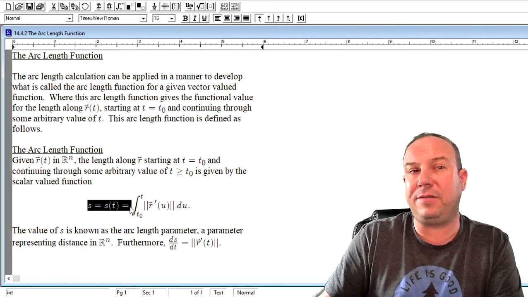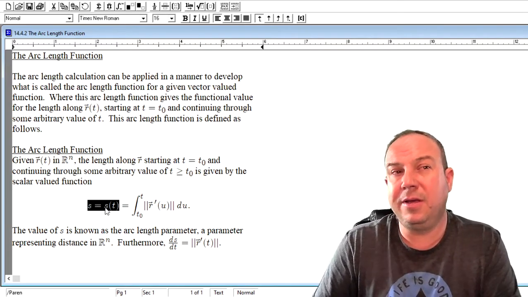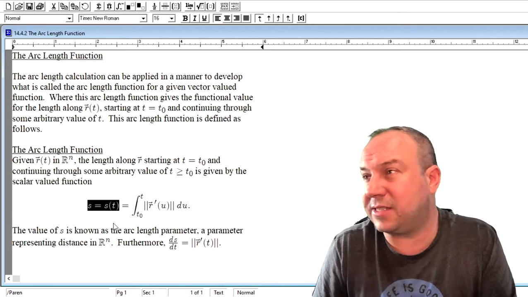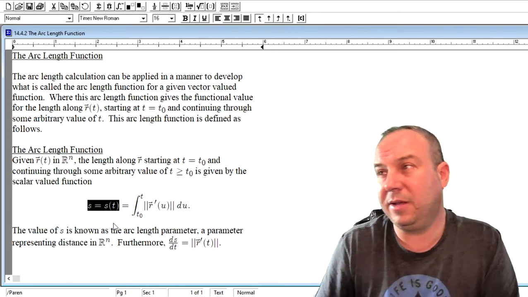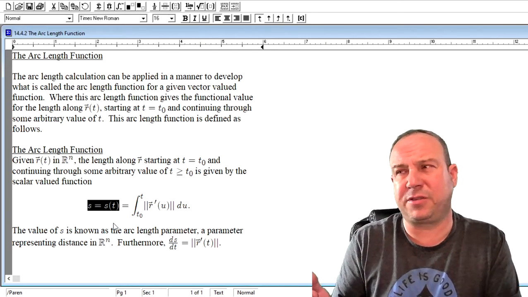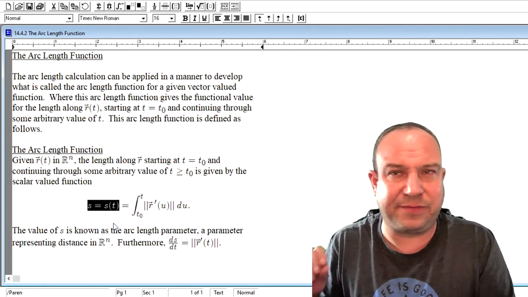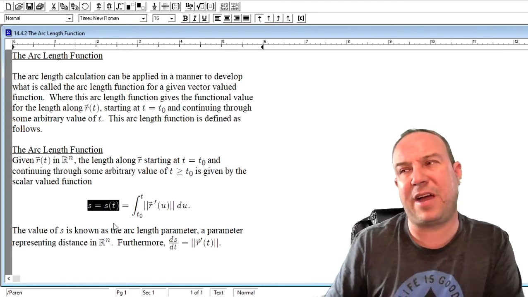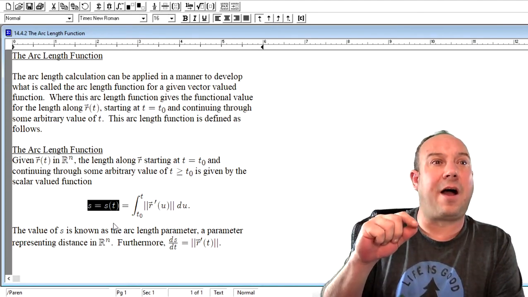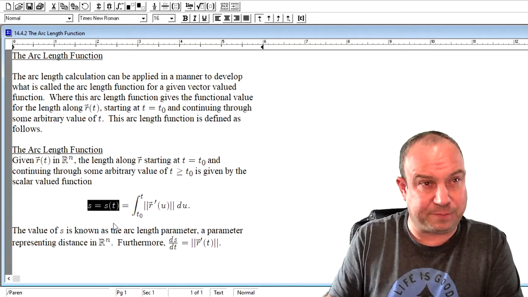And that scalar valued function is defined down below here. It's given by the function s equals s of t, right? Instead of being a function like y equals f of x, we call this function s equals s of t, right? And that defines what we call the arc length function.